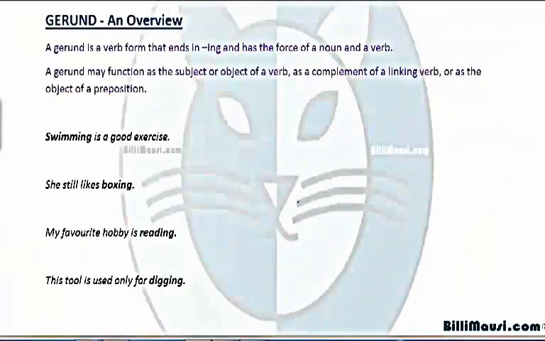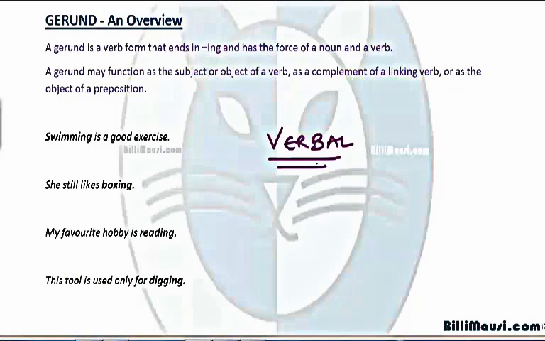So let's begin with the first of the verbals, that is gerund. Before that, did I define verbal? Do you know what is verbal? If I didn't, so please write down the definition. Verbals basically are words formed from a verb but not functioning as a verb.